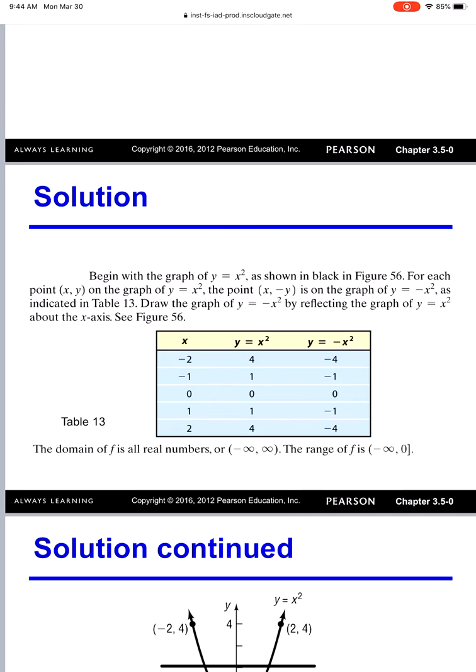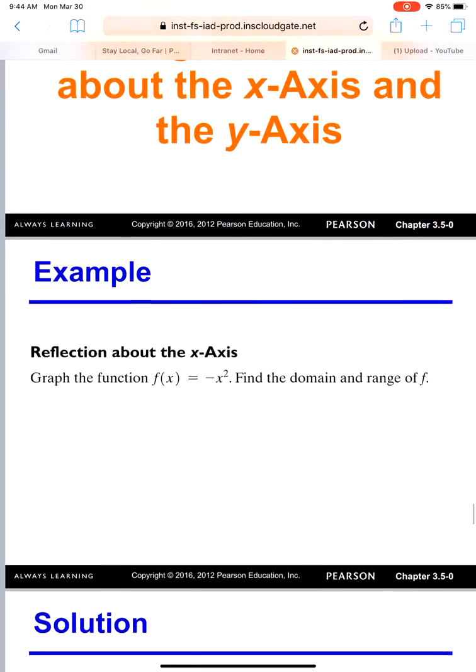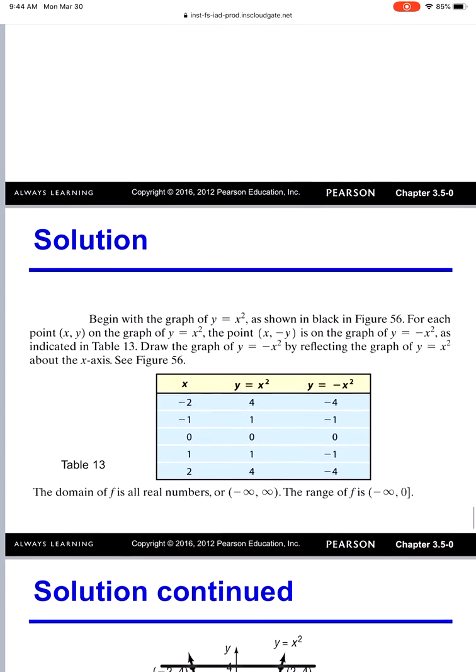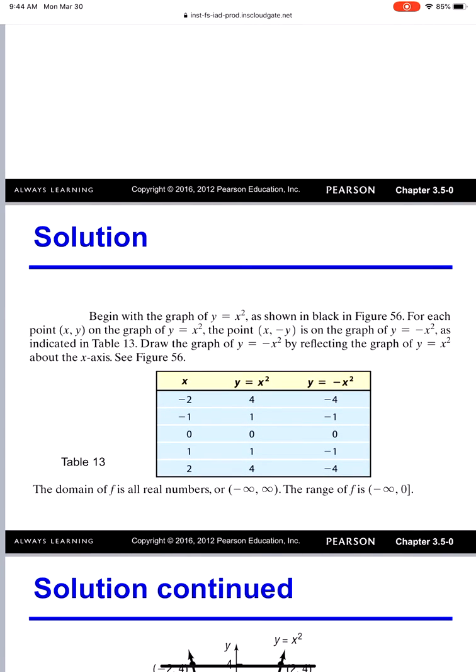Because you see the minus in front of the entire function, that means your graph is going to reflect over the x-axis. So the x values, like you see in the middle, stay exactly the same. And because you flip this graph with respect to the x-axis, the original y values will change to the opposite.